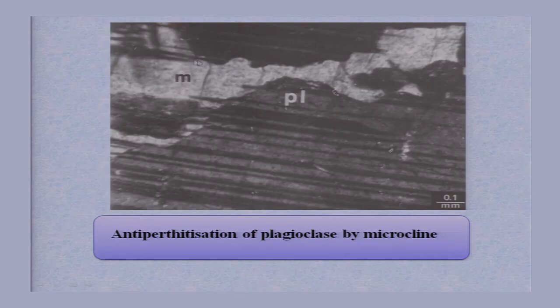This irregular zone, again in this area you see a plagioclase crystal, but in between you have a gray color M. This is an antiperthite. Antiperthite means you have a different host here. So, this shows an antiperthitic relationship here.